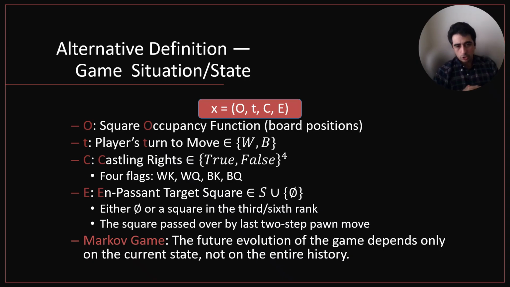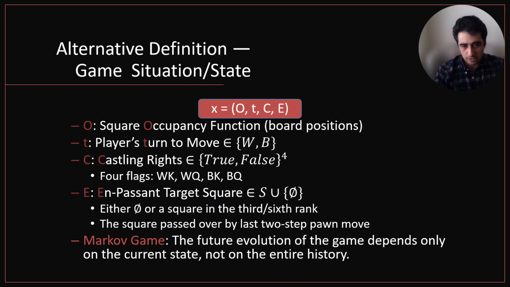So I'm going to show you a more common and commonly used definition for the game situation for the game of chess. This is the definition that is widely used, and the chess engines use it in some ways to store a game situation or game state for chess.